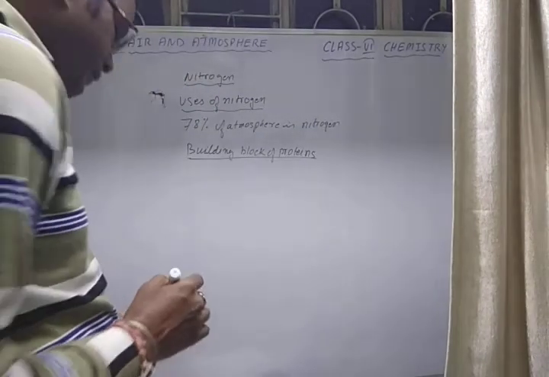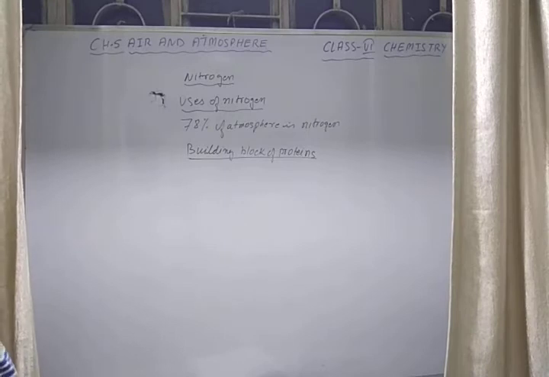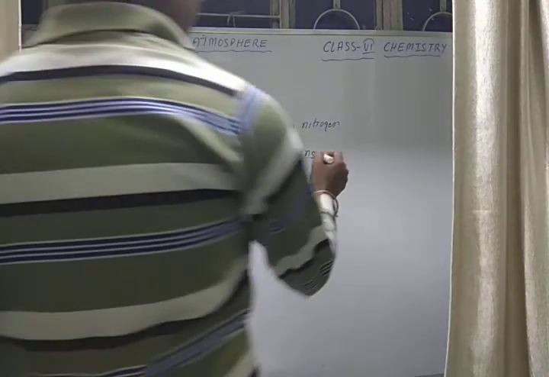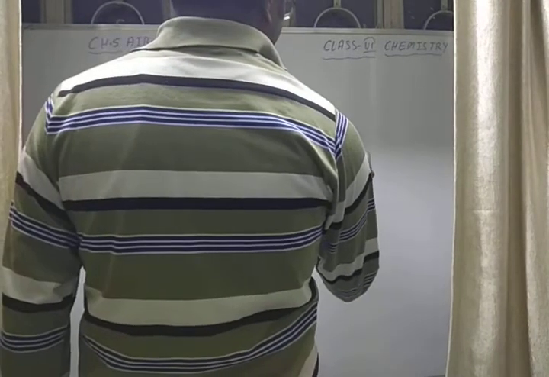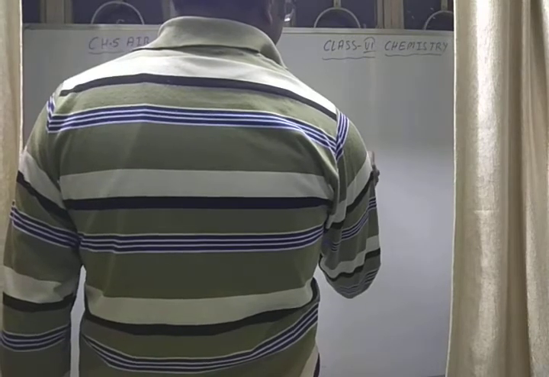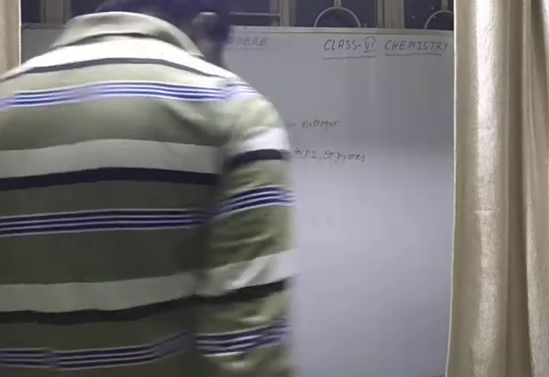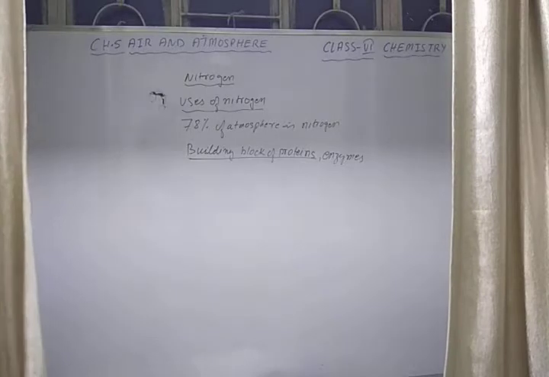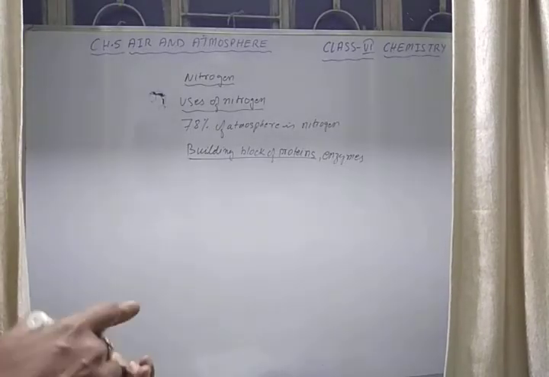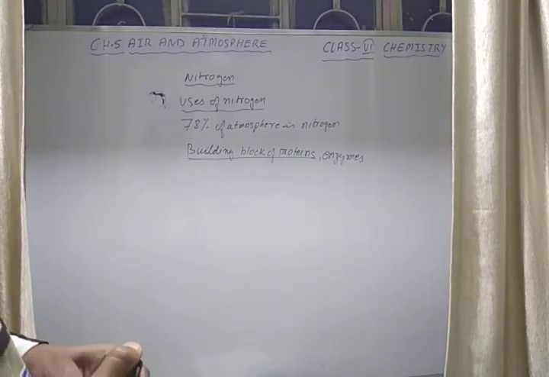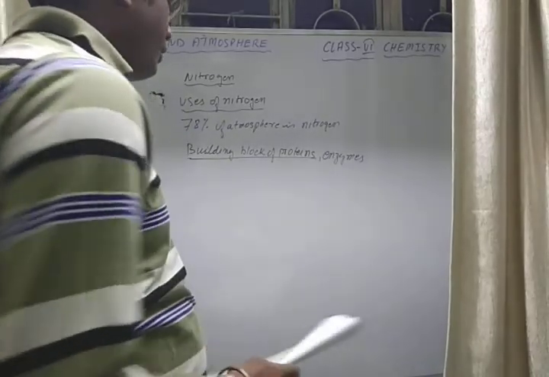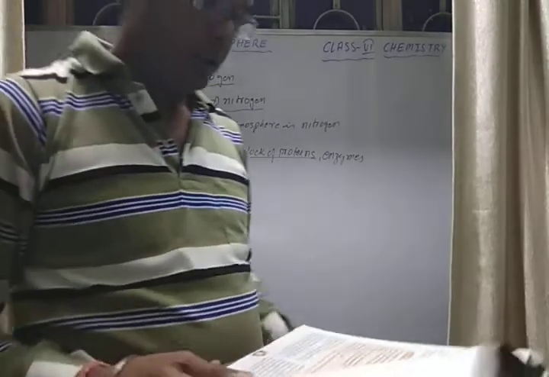All the proteins present in our body consist of nitrogen. It is also present in enzymes and other cellular constituents, which are essential for all forms of life. It is very important, this nitrogen.